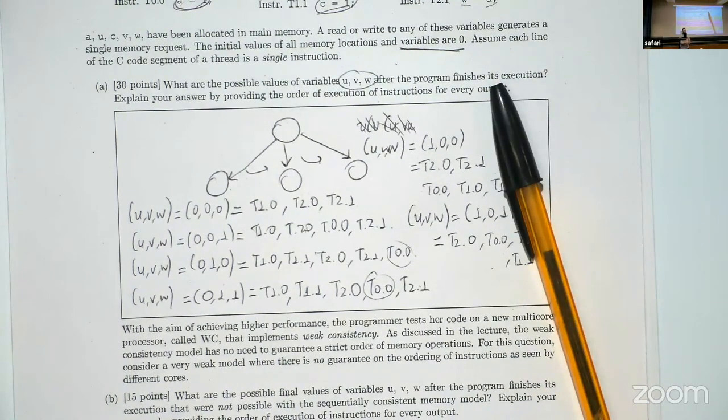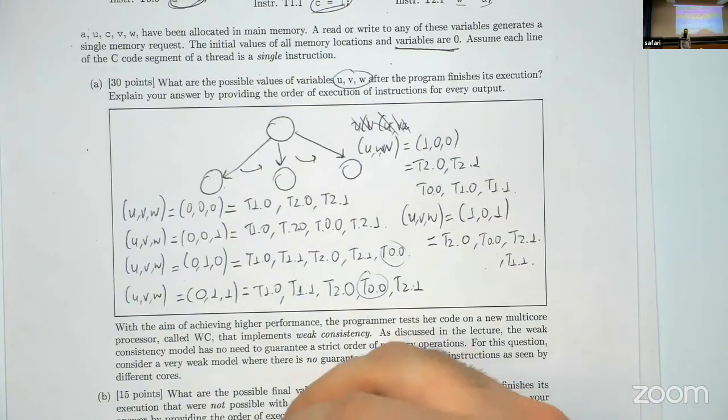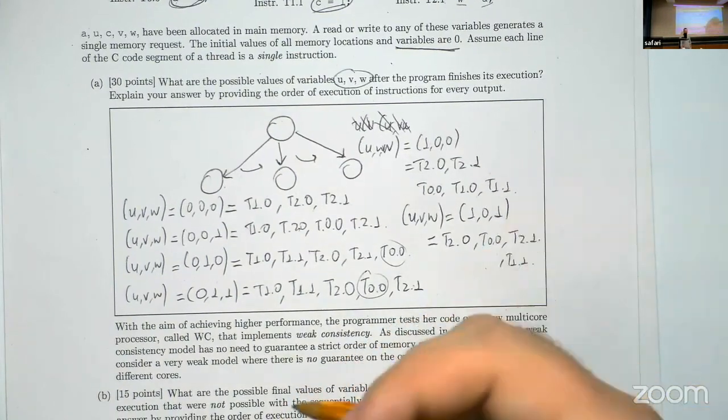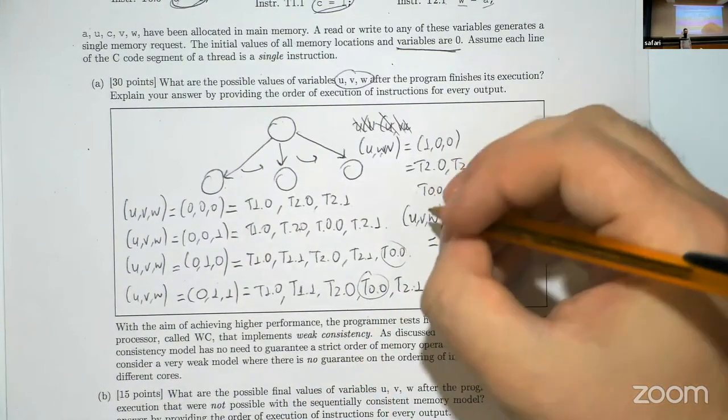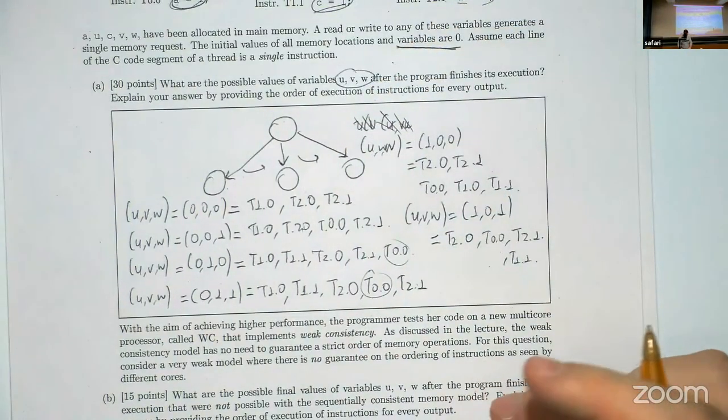In the sequentially consistent model, some of the outputs are not possible. And right now, some of the outputs in the weak consistency model are possible. So we need to find out which UVW end up in 1, 1, 0, which is the only one not possible in the sequentially consistent output, which is possible right now in the weak consistency.